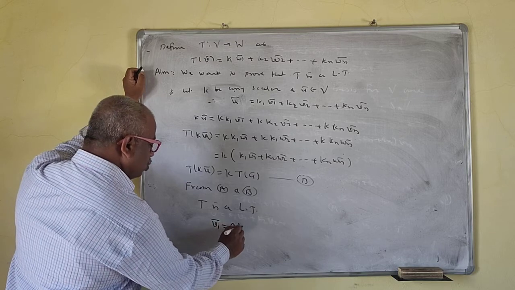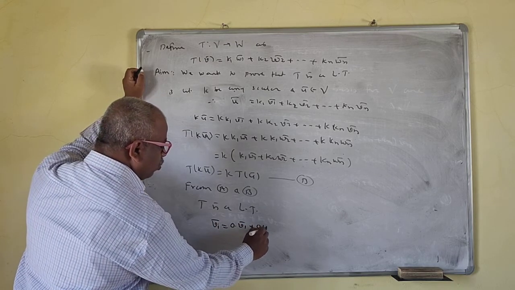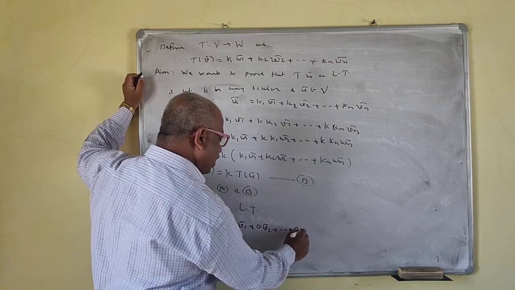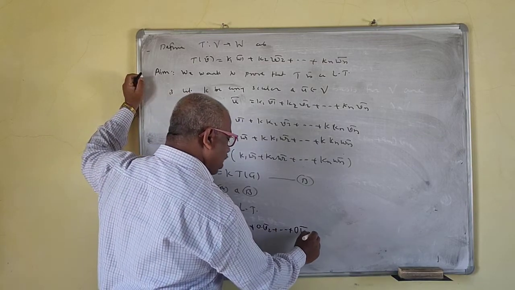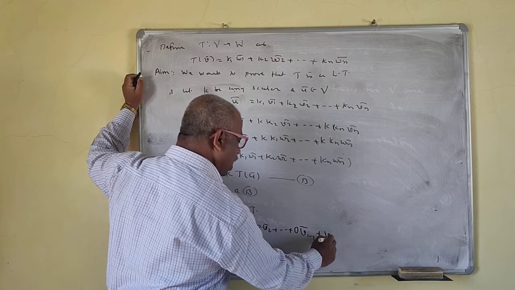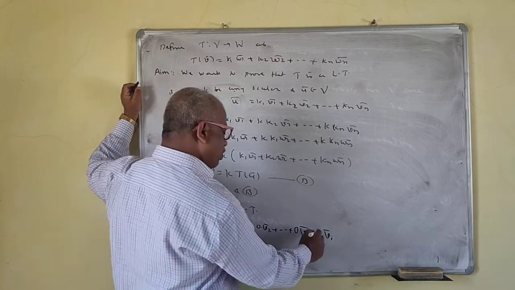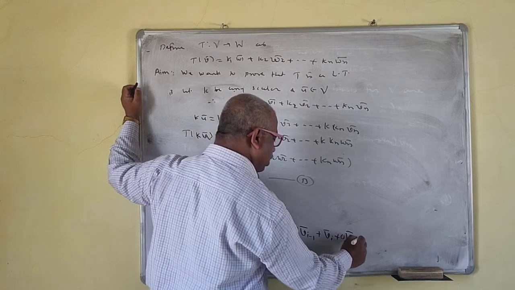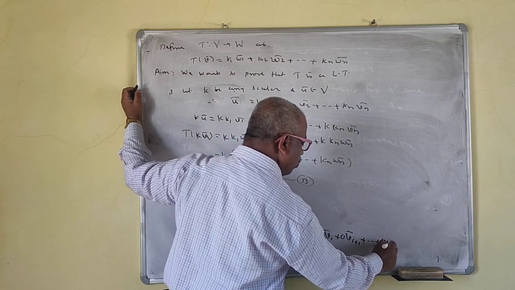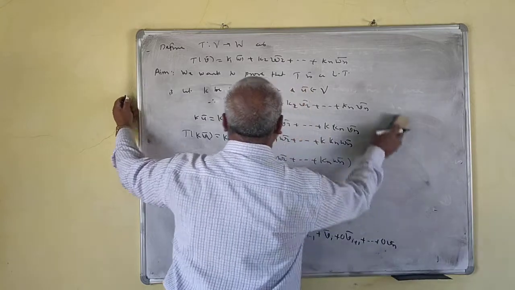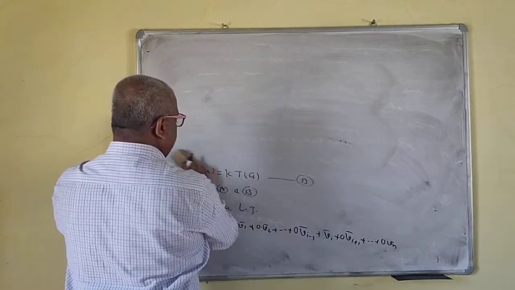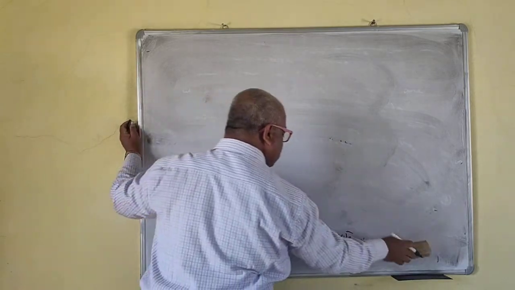is equal to 0 V1 bar, 0 V2 bar plus dot dot dot 0 VI minus 1 bar plus VI bar, 1 into VI bar. Okay, that is VI bar plus 0 VI plus 1 bar plus dot dot dot 0 Pn bar. Okay, so this is the linear transformation.